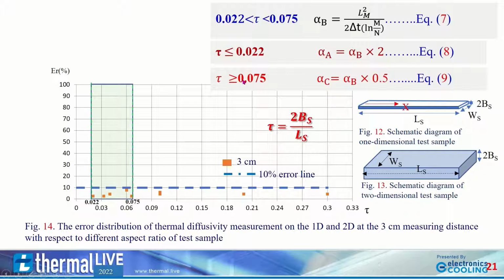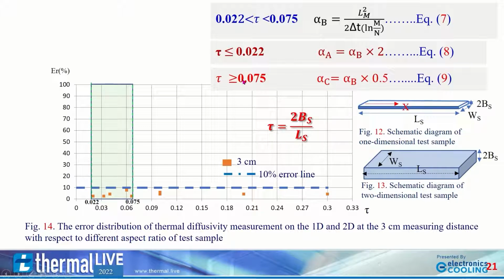The Angstrom method was originally only applied to the one-dimensional test sample strip, a long and thin test piece, as shown in Figure 12. Figure 13 is the schematic diagram of the two-dimensional test sample. To simplify the model of the 2D thermal diffusion, we combine the relationship between the vapor chamber length and its thickness into one parameter, tau, namely the aspect ratio of the vapor chamber.